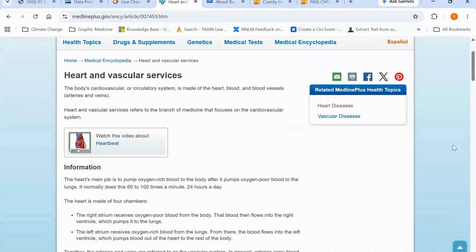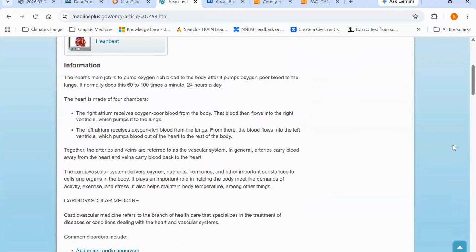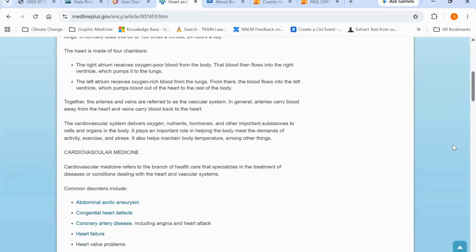The medical encyclopedia is designed to give you more information right there on the page. And so you get more in-depth information about prevention, testing, prognosis, intervention, things like that, right there on the page.